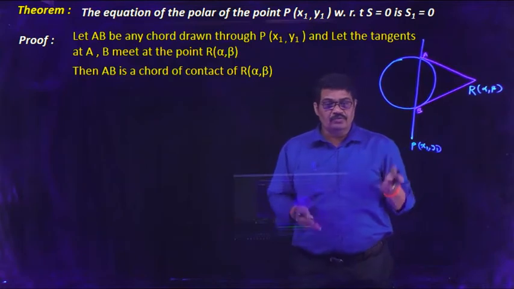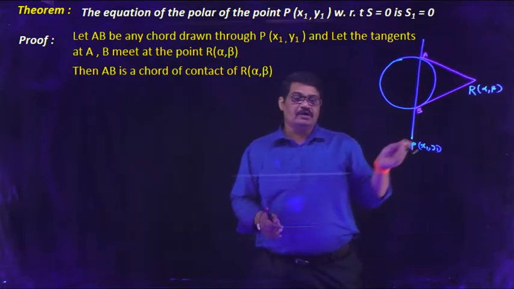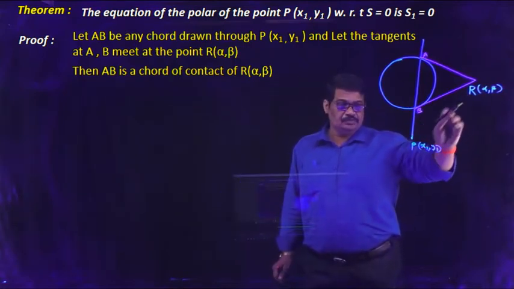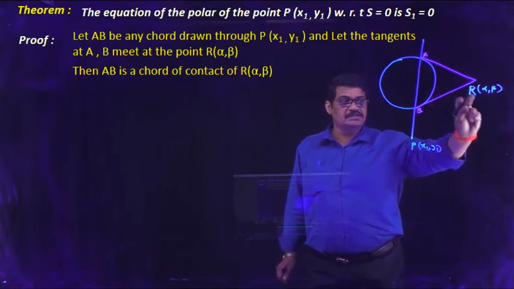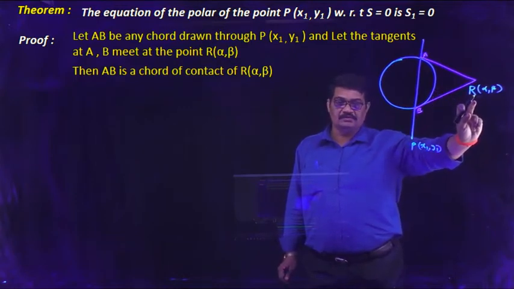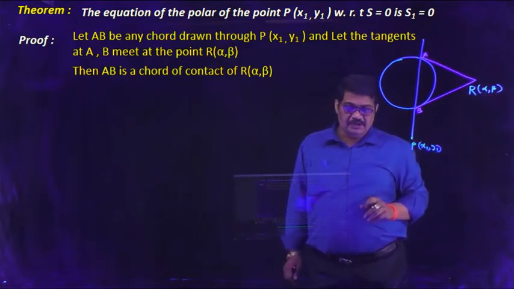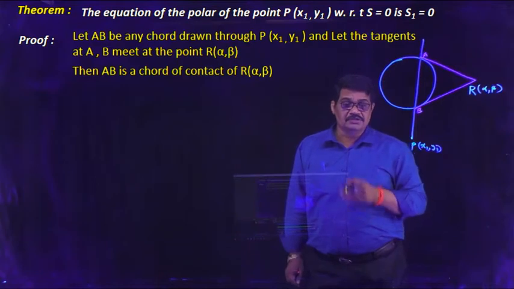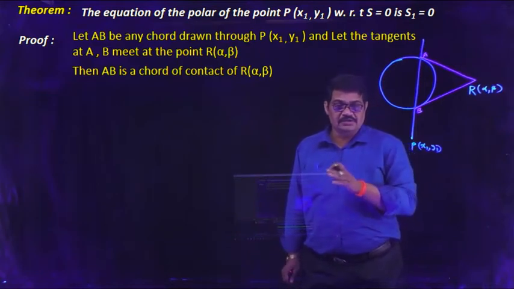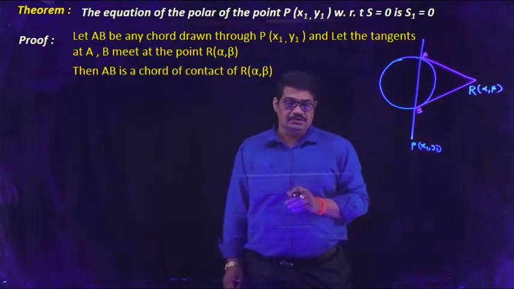Now we have to show that the polar of P with respect to the circle is the locus of R, where R is the point (alpha, beta). That is, we are finding the locus of R and showing that the locus is S1 = 0.